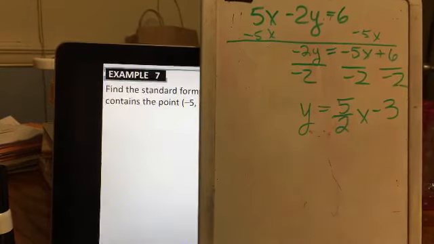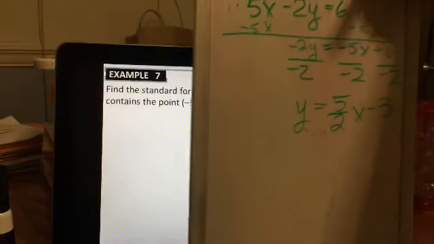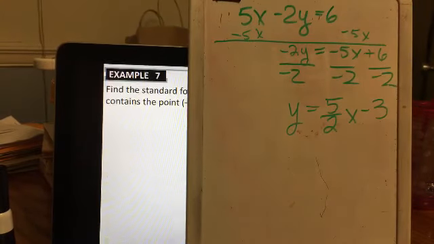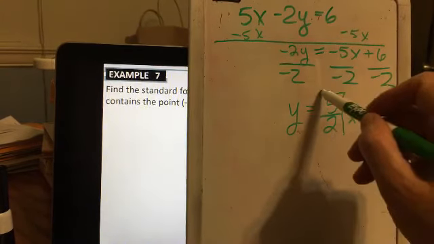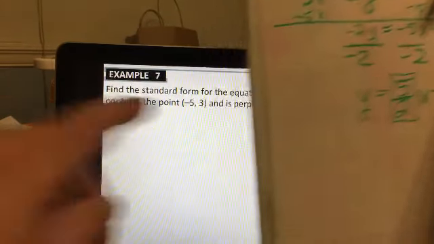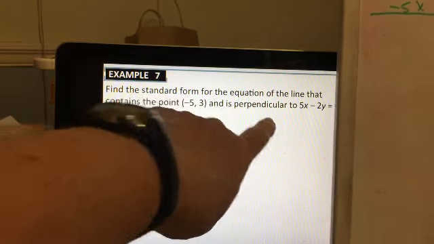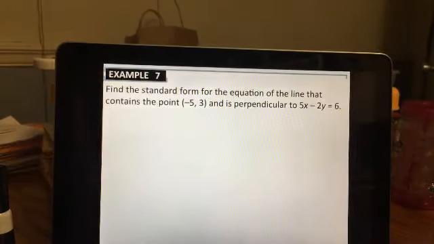Now remember, because it's perpendicular to this line, the only thing I care about is this right here, the slope. So the slope of this line is 5/2.